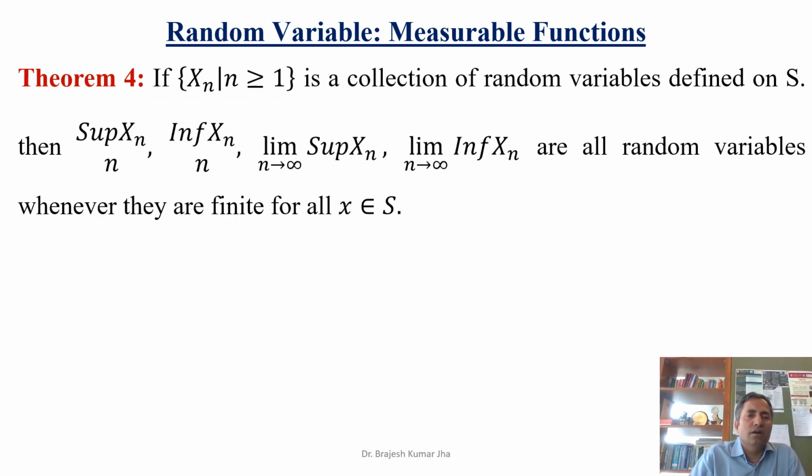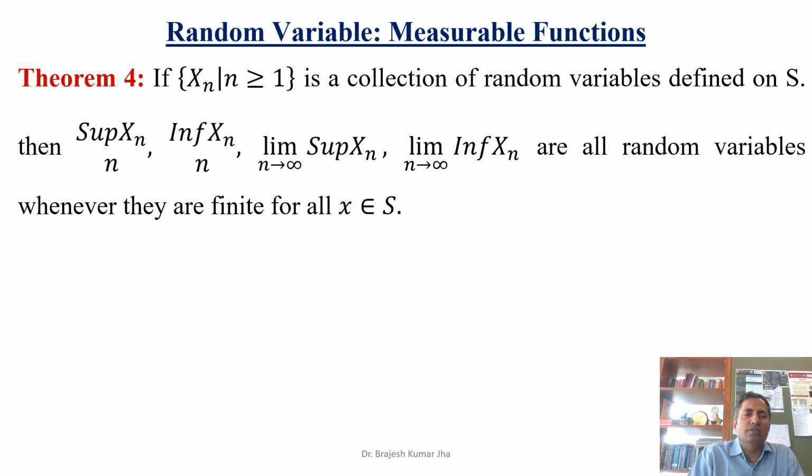Next, if Xn is a collection of random variables defined on the set S, then Xn is the number of random variables that you can define. For example, we are talking about the tossing of a coin. One random variable that you can define is the head comes, another random variable is the tail comes.